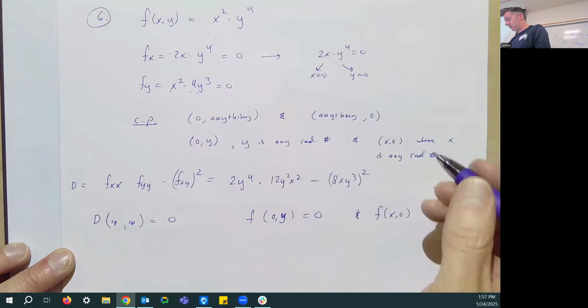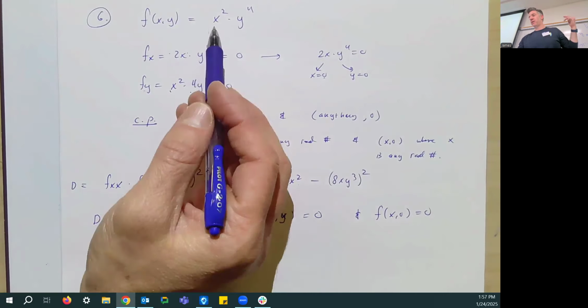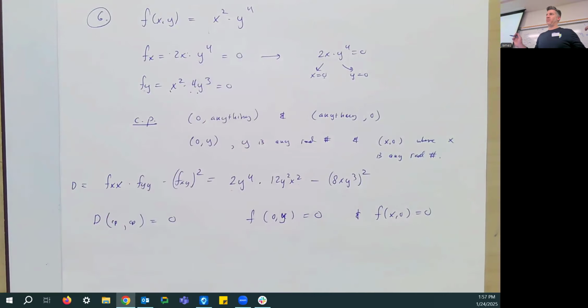If you plug in 0 for y, you get 0. Cool. If you plug in any other non-critical point where x isn't 0 and y isn't 0, and you square x and you do y to the 4th and multiply them together, is the overall result going to end up being positive or negative? It's going to have to be positive, which means the smallest value this function can have is an output of 0, which means every one of these infinite critical points is a minimum.